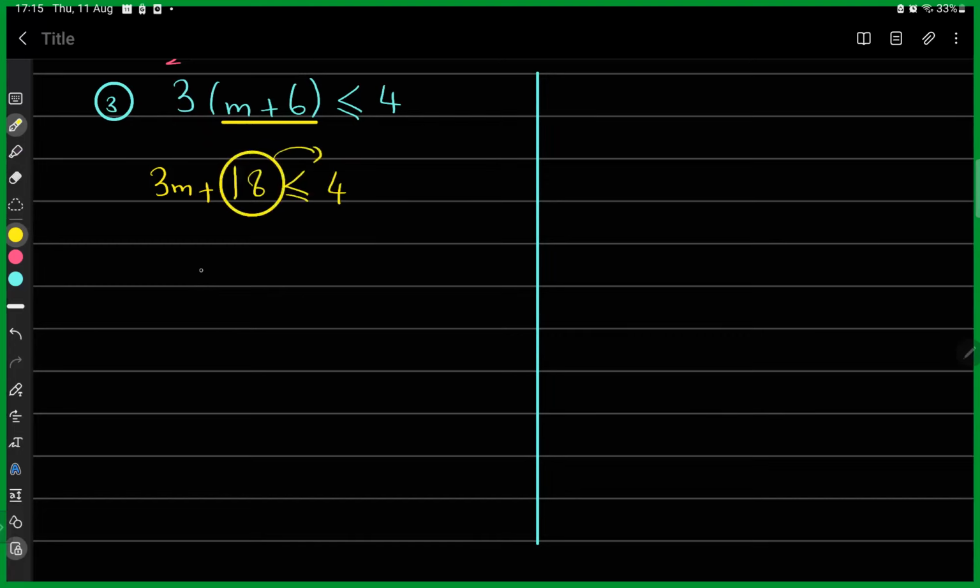So this would become 3m is less than equal to 4 minus 18. 3m is less than equal to minus 14. m is less than equal to minus 14 divided by 3. And this is going to be the answer. Yes. Urva, did you understand the idea now? That here in this question, we did it the other way around and still we were able to find the answer.